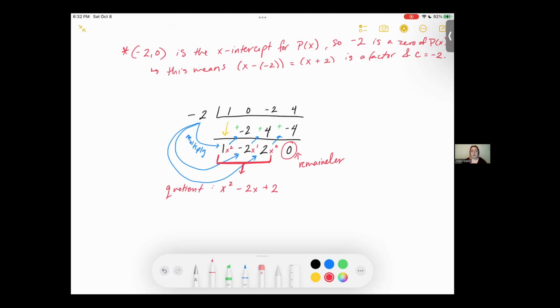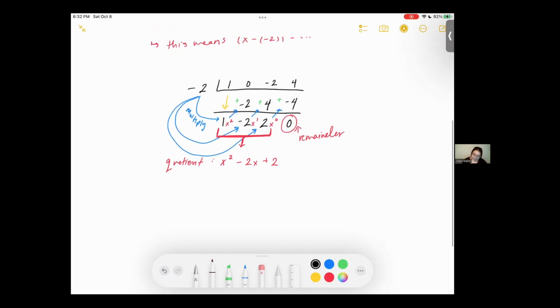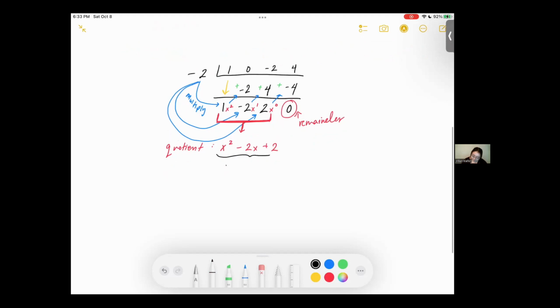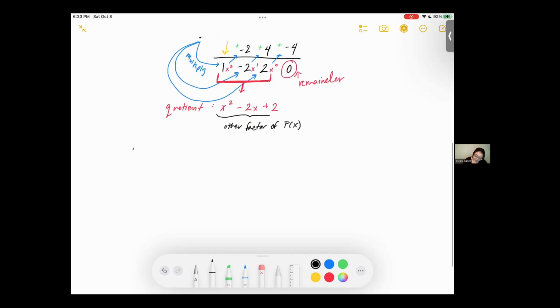But a big part of what this means is that this is also the other factor. This is our other factor of p of x, which means that at this point that we're looking at right now, p of x is equal to x plus 2, because this is x minus c, where c we said was -2.